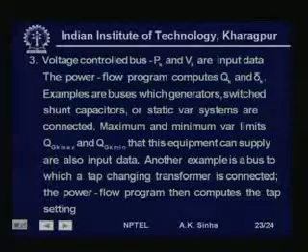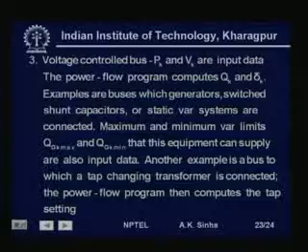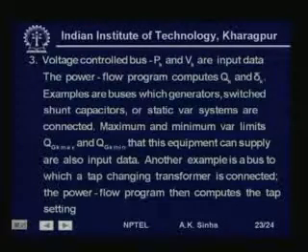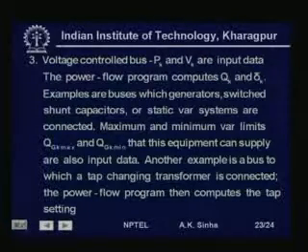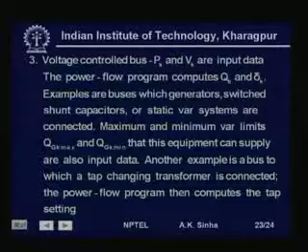Now, these bus bars, as I said, are generally the generator bus bars or switched shunt capacitors or static VAR systems. So, bus bars which have these are generally PV buses or voltage control buses.